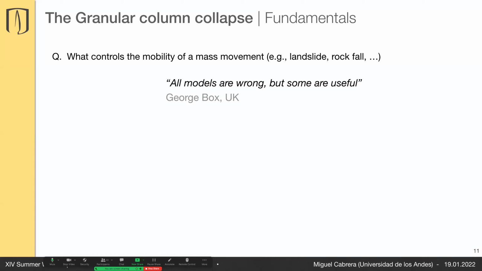So we need to remember that even though this is a granular column collapse and we like to think of it as a granular flow, it is not a landslide. It is not what happens in nature, but it is simple enough that it allows us to understand what happens and then extract the fundamentals of those interactions and move them to these natural behaviors.